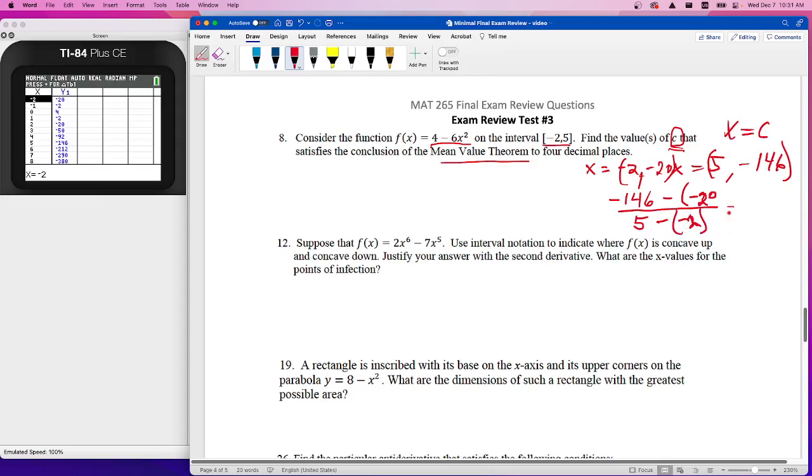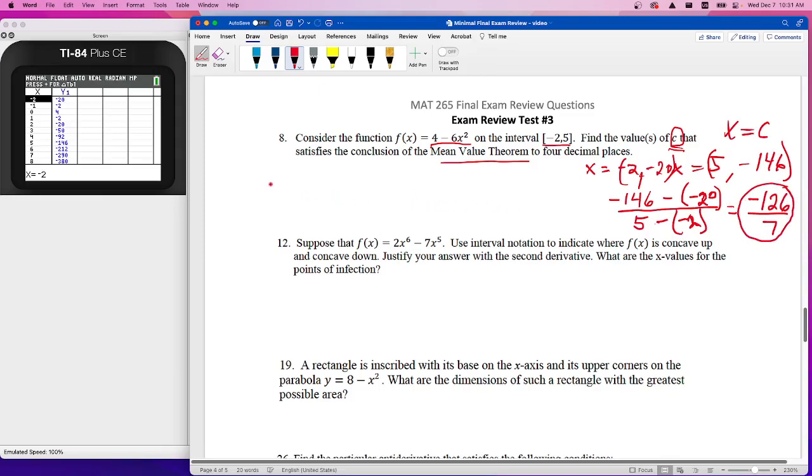From -2 to 5, this gives us -146 minus -20. That becomes plus, so this becomes -126 in the top. Negative, positive becomes 7 at the bottom. So this is our average rate of change.